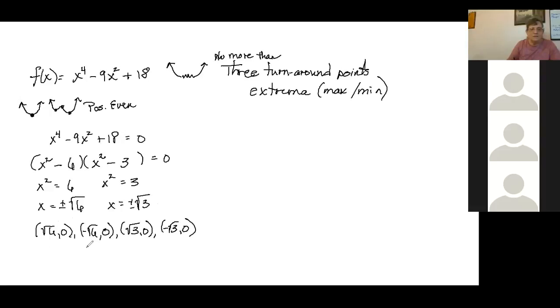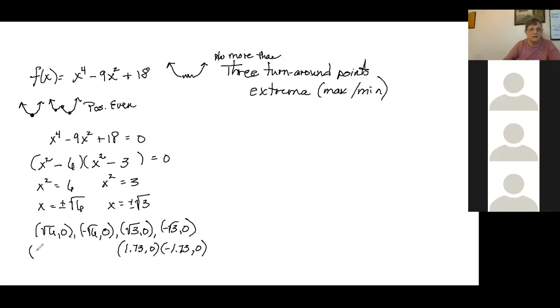Now I know that the square root of 3 is approximately 1.73. So I know that it's going to be between 1 and 2. And the square root of 6, 2 squared is 4, 3 squared is 9, so this is going to be somewhere between 2 and 3. If I run it out to a decimal place, the square root of 6 is about 2.4.